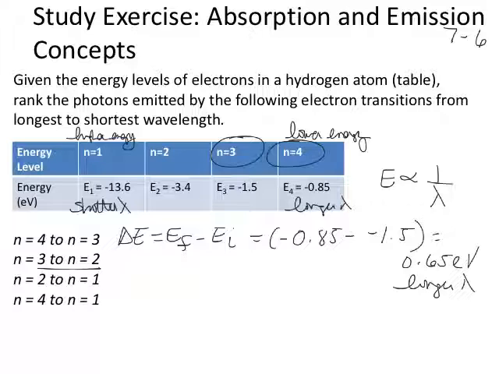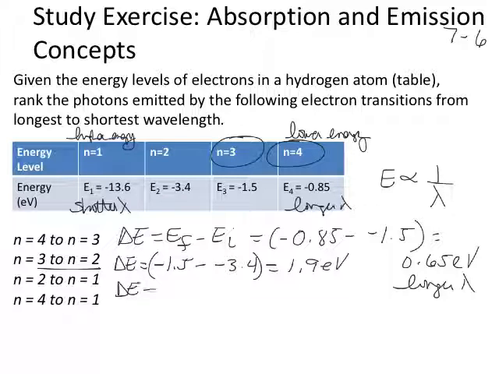3 to 2. Okay, so then delta E equals negative 1.5 minus negative 3.4 equals 1.9 electron volts, and that's going to be a higher energy than the previous one.